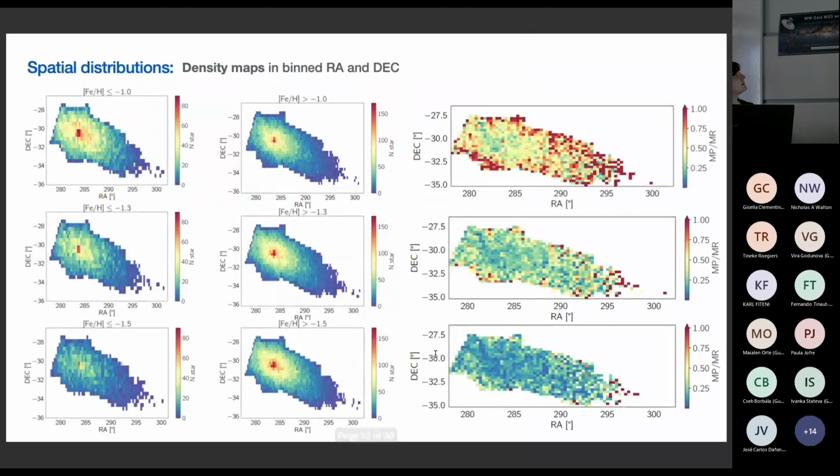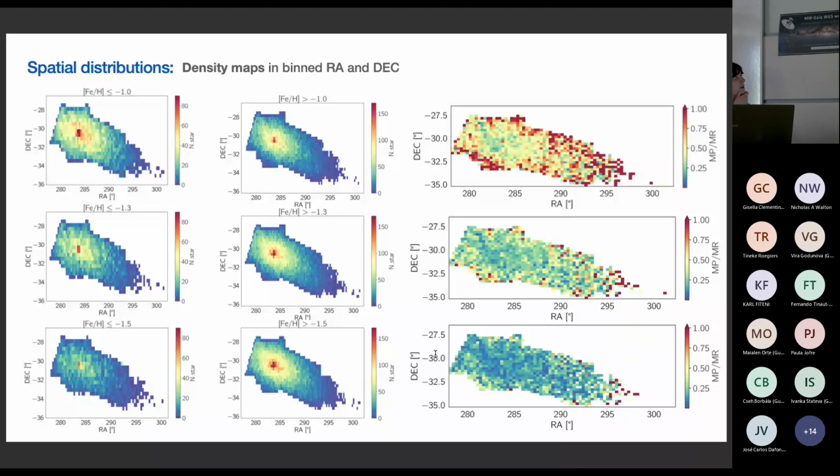So we took these different metallicity groups or stellar populations, and we plotted them in space, using our APOGEE and Gaia data. We built this density map to have an insight into the different distributions versus metallicities. The first column specifically illustrates the metal poor samples. The column in the middle represents the metal poor counterparts and the metal rich counterparts.